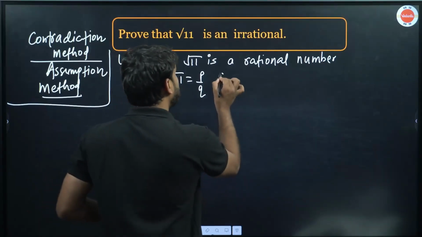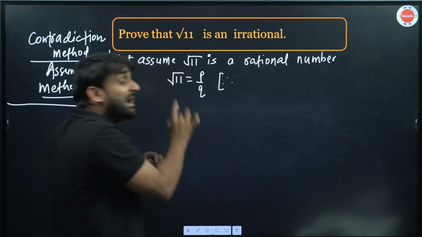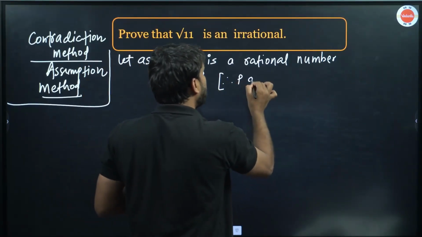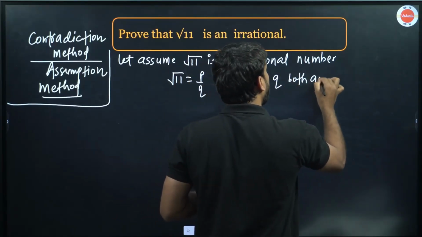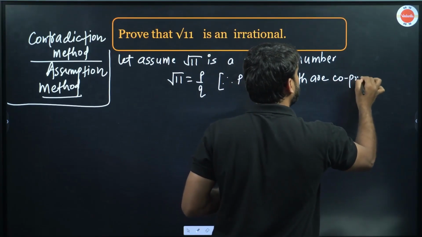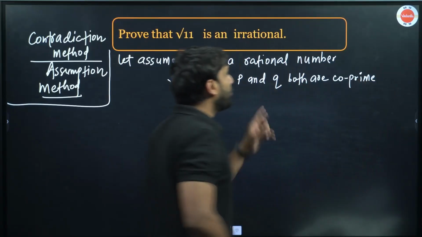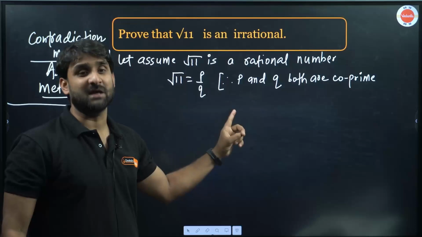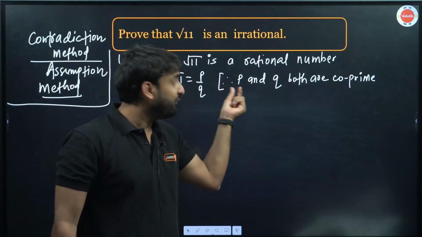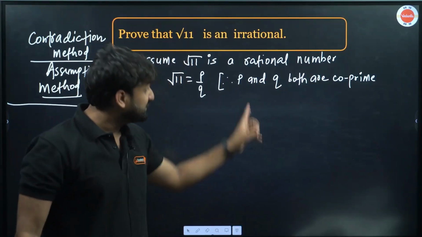And always make sure to mention here that P and Q both are co-prime numbers. Please, my dear champion, don't forget to write this line, because otherwise your marks will be deducted in the exam if you forget it. This is very important.